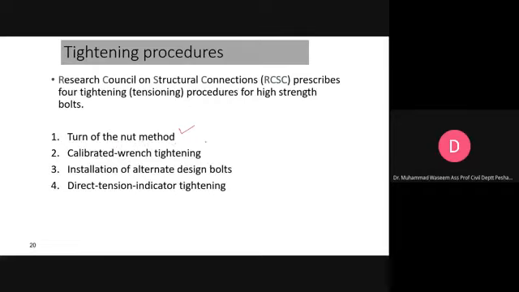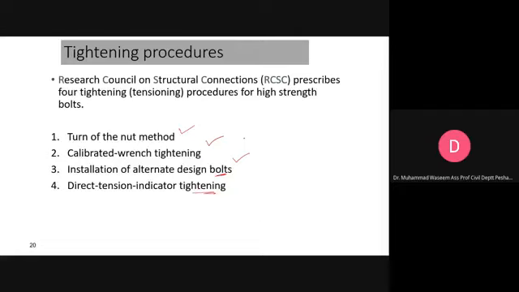Then we have calibrated wrench tightening. Then we have installation of alternative design bolts. Then we have direct tensioning indicator tightening. So there are different procedures prescribed to pre-tension the high strength bolts, so you can get the clamping forces along the faying surfaces.